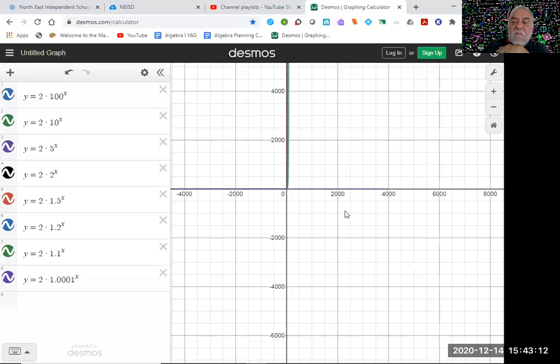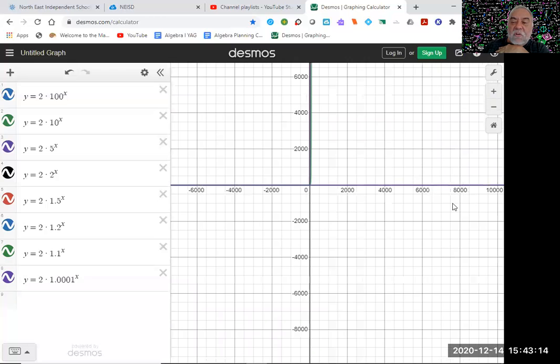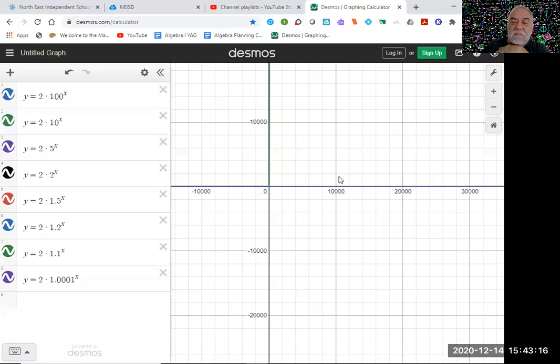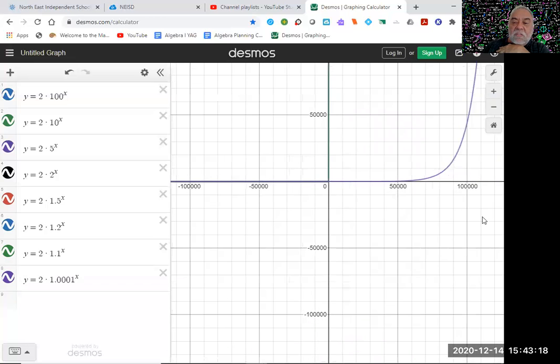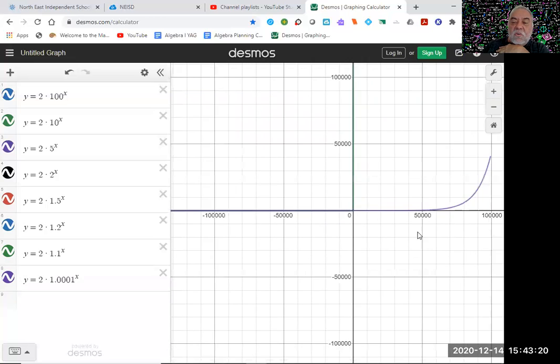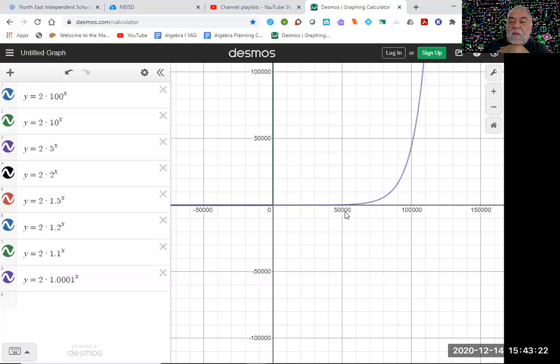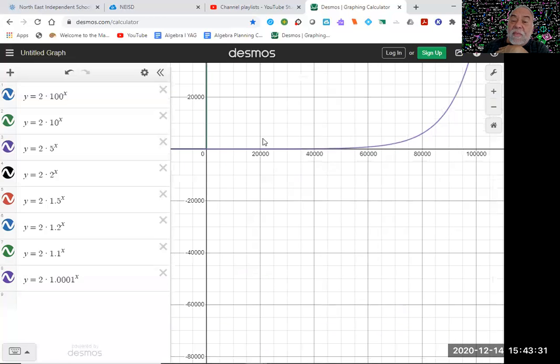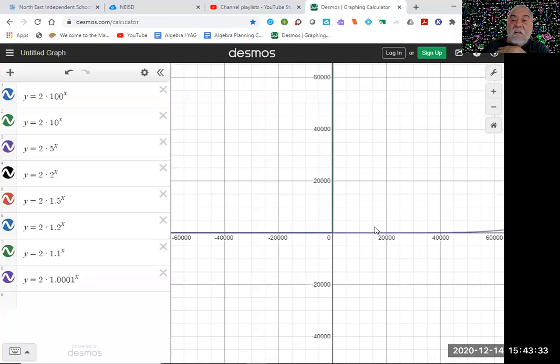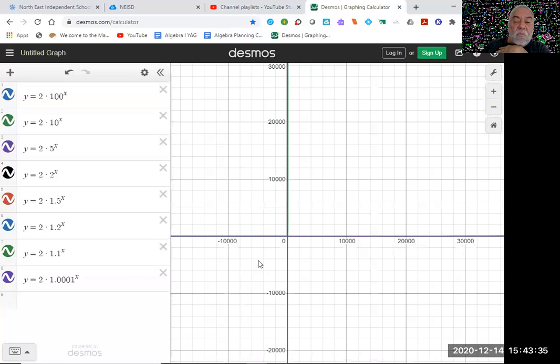Eventually it'll start curving up, and it's hard to see. There it goes, it starts curving up, but we're looking at x equal 50,000 or 100,000 when you get a number this small. But it's still growth. That's my point. It is still exponential growth.